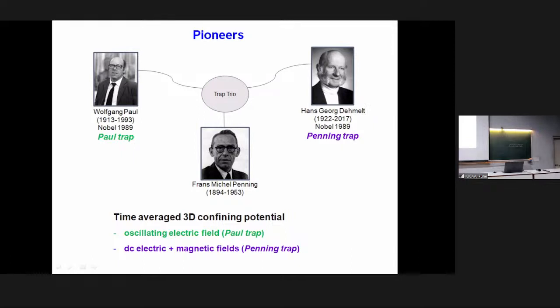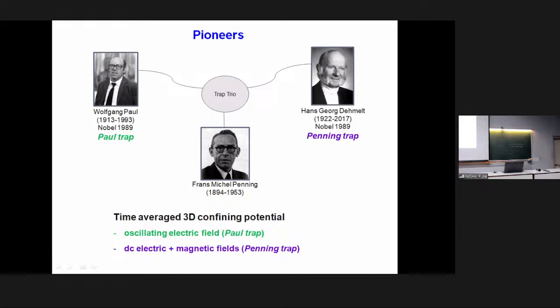And he had 2 students, Wolfgang Paul and Dehmelt. He sort of did the basic building blocks which are required, but the actual trapping was demonstrated by these 2 gentlemen, Wolfgang Paul and Dehmelt.